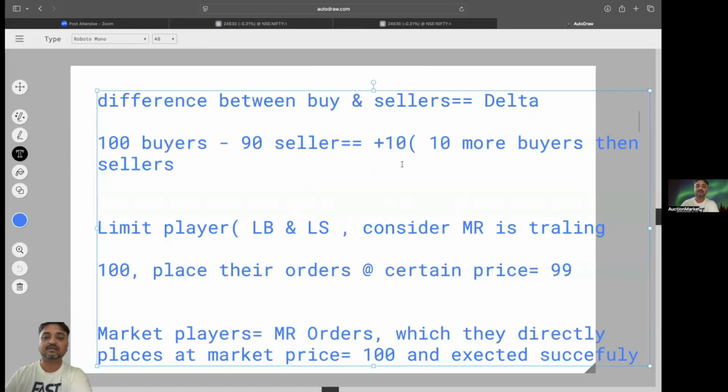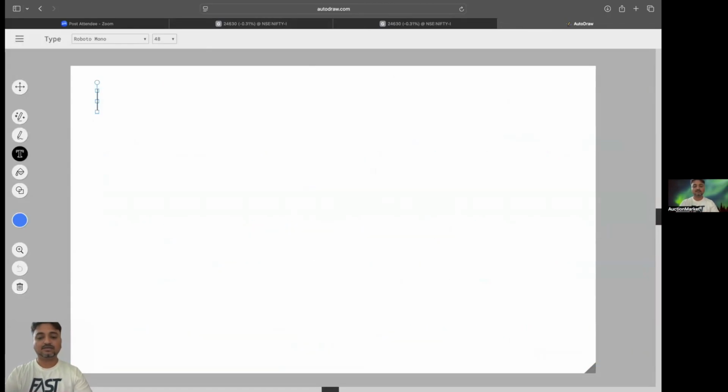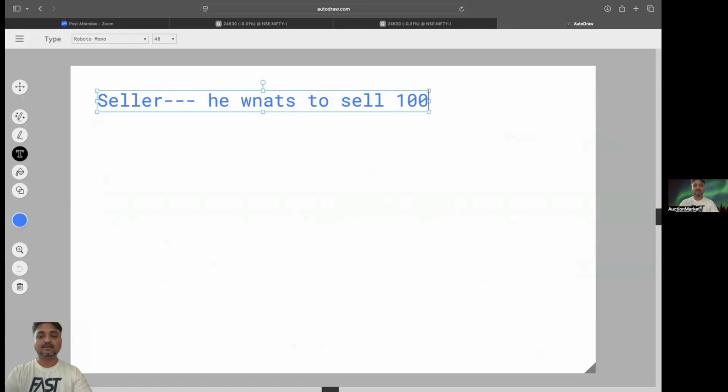Suppose, take an example, there is a seller who wants to sell 100 quantity.